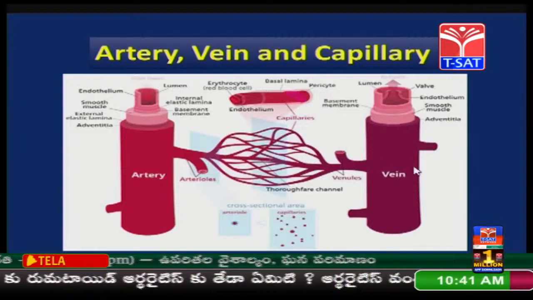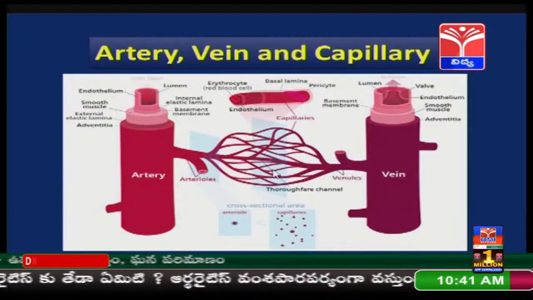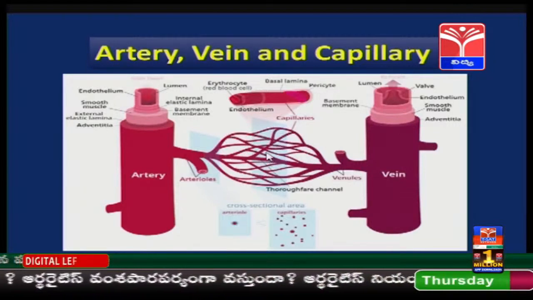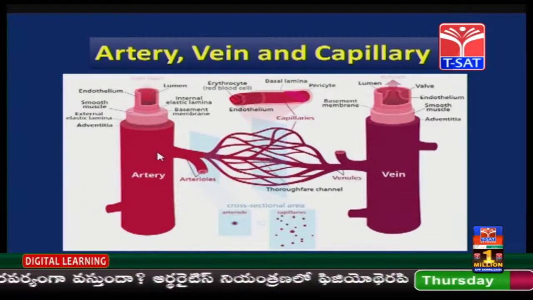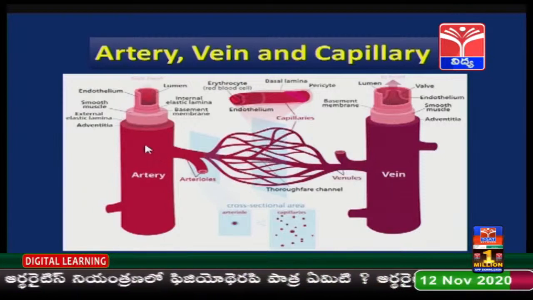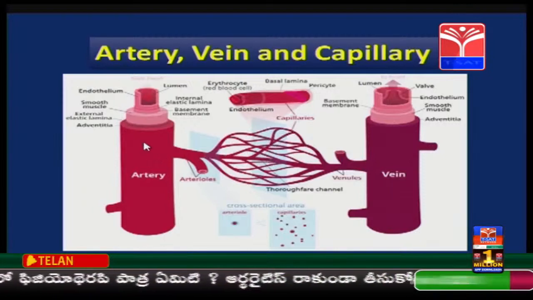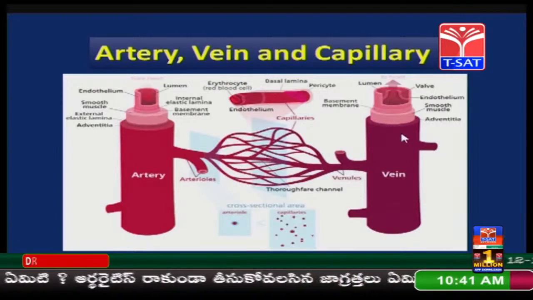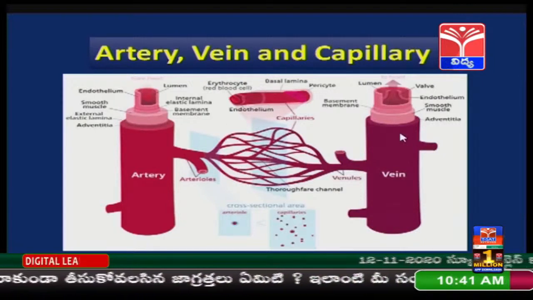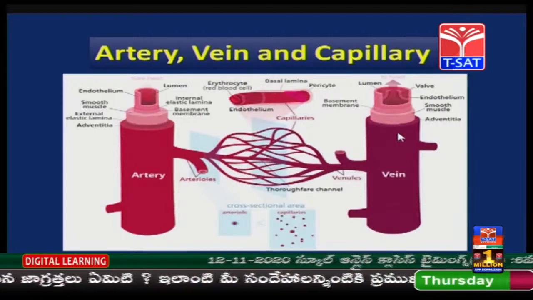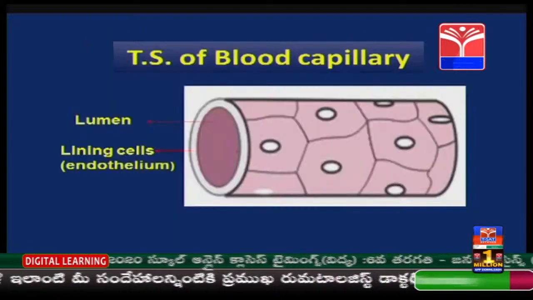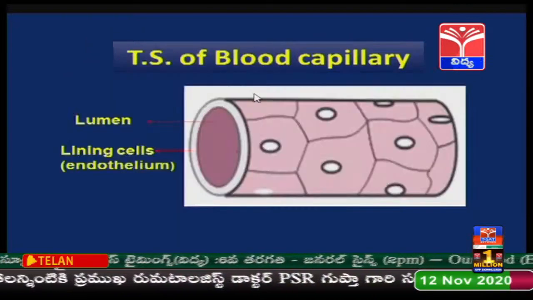Arteries and veins are connected by very fine blood vessels called capillaries. Arteries supply oxygenated blood from the heart to the body parts, whereas veins collect deoxygenated blood from the body parts to the heart. Children, observe the picture of a blood capillary.